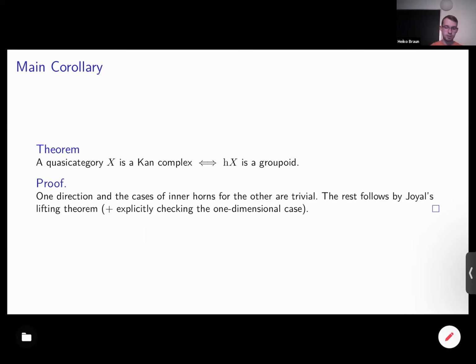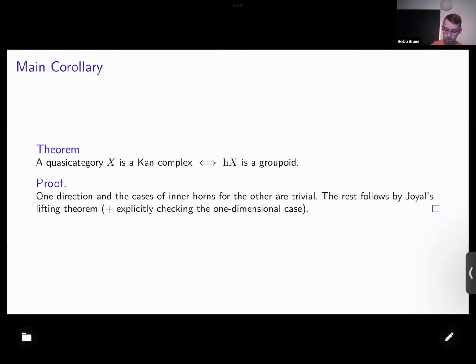And all these outer horns are fillable if the particular edge is an isomorphism, but we assume that all the edges are isomorphisms, so it works. Then we can additionally check the one-dimensional case, but it obviously works as well. Okay, and that's the idea of this corollary. And also the motivation why quasi-categories came back into use, mainly with the paper by Joyal, which proved the lifting theorem.